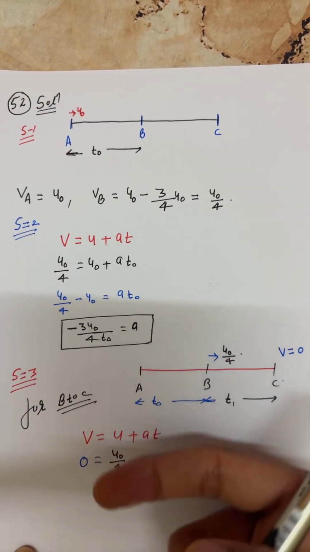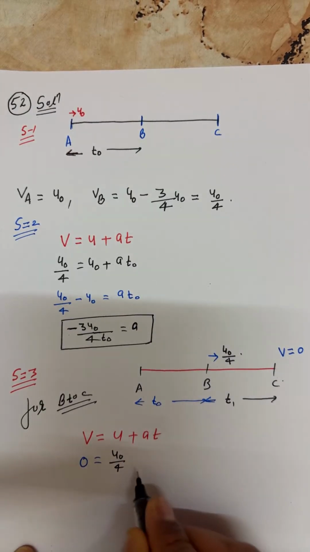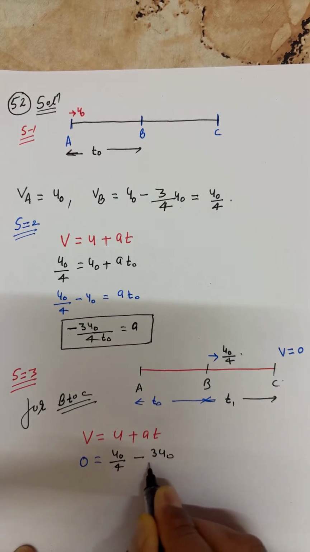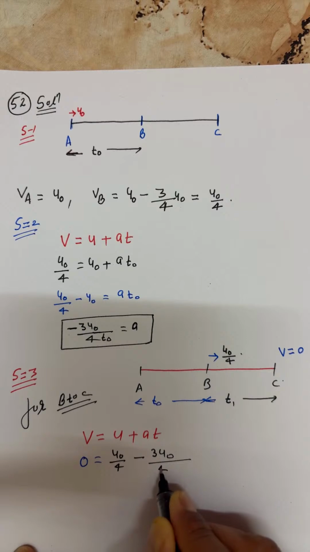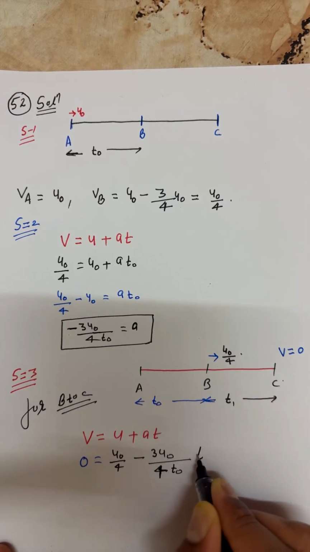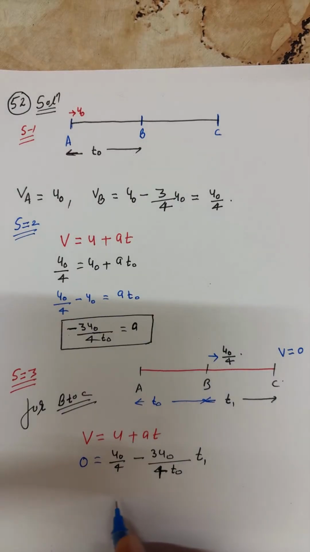Now I'm just going to substitute the acceleration value from step 2, minus 3 u naught by 4 t naught, and this is what I'm calling T1, which I wanted to find. Finally I'll equate both.